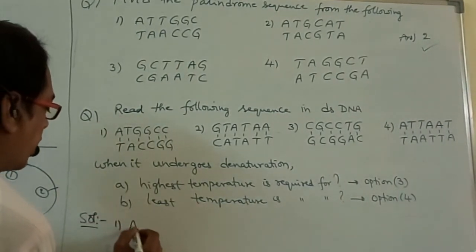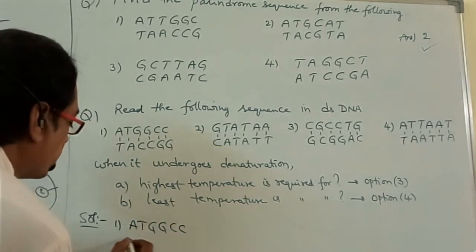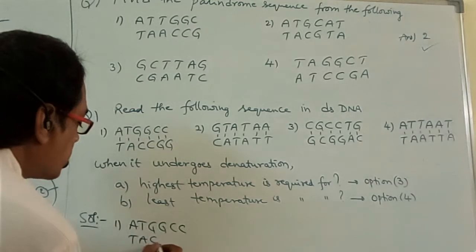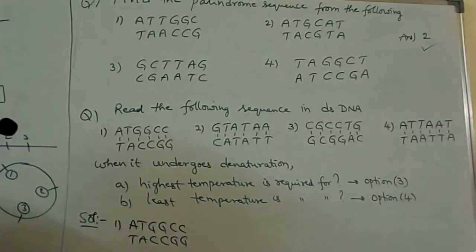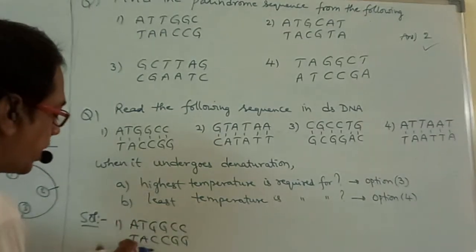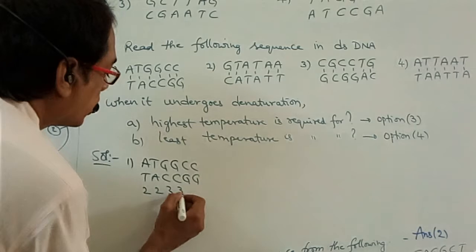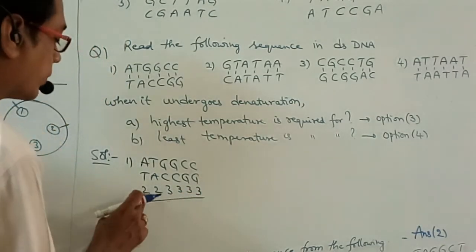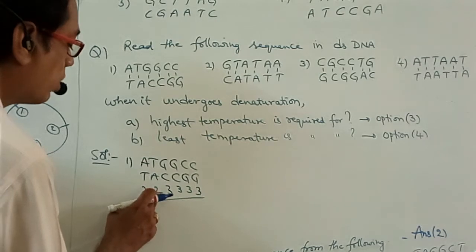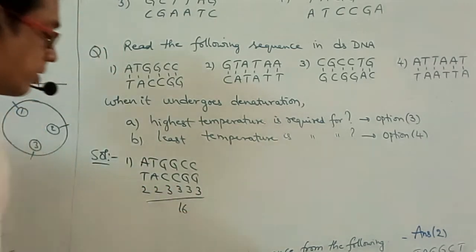First option: ATGGCC, TACCGG. Number of hydrogen bonds you have to calculate. Between A and T, 2, 2, 3, 3, 3, 3. Total how many? 2 plus 2, 4, 7, 10, 16.